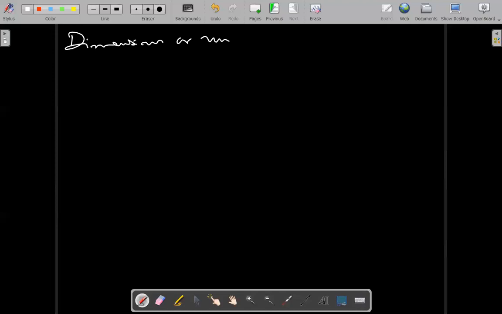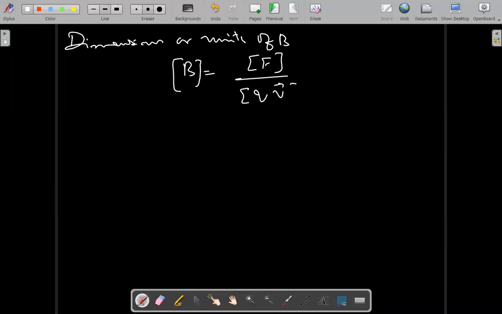Units of B equal to dimensions of F divided by dimensions of Q and V. So F is newtons divided by Q, a coulomb, and V, meters second minus 1. So this is Newton second divided by coulomb meter.